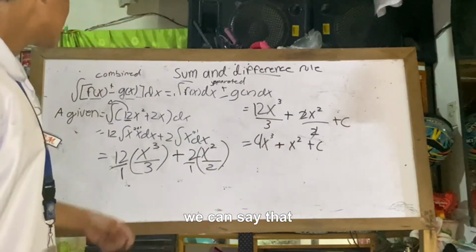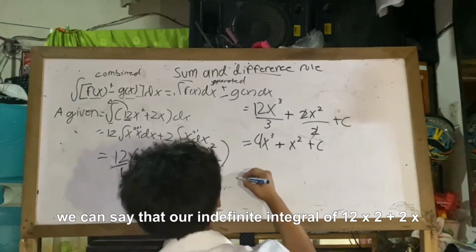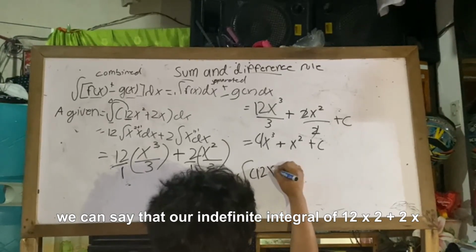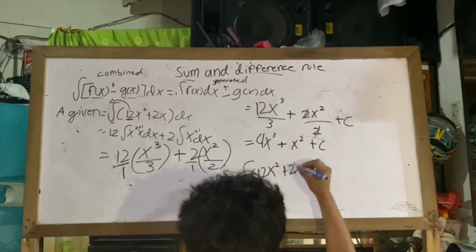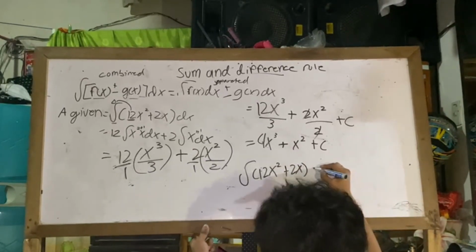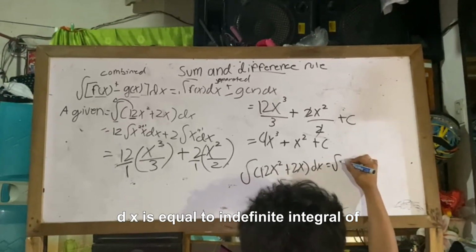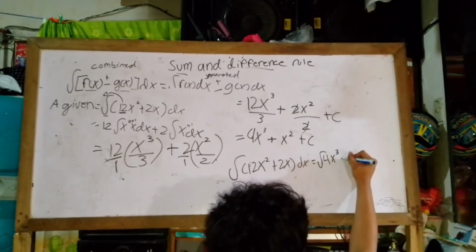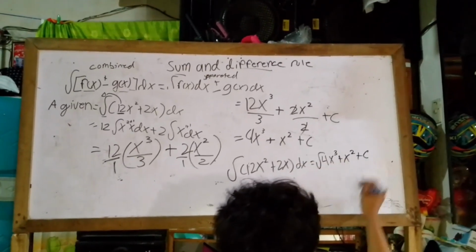Therefore, we can say that our indefinite integral of 12x^2 plus 2x dx is equal to the indefinite integral of 4x^3 plus x^2 plus c.